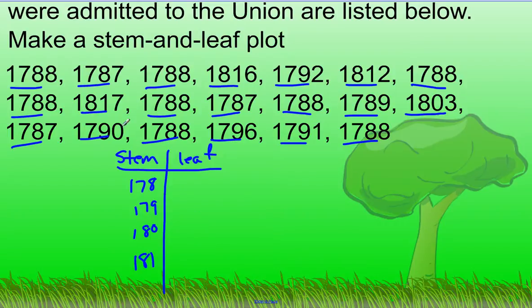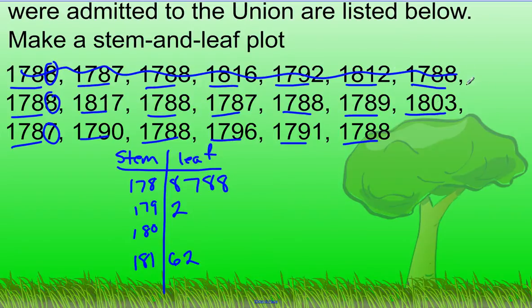Alright, now we go through, and the last digit is always going to be the leaf. Starting at the top, working our way across, we've got 1787, 1788, 1816, 1792, 1812, and 1788. So that was the first row.